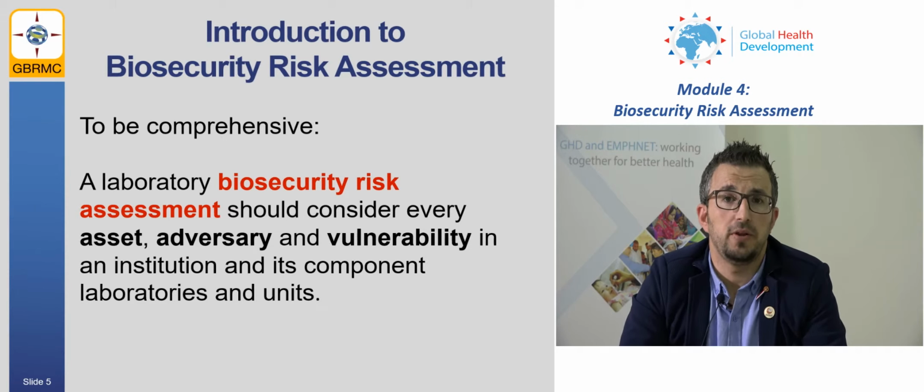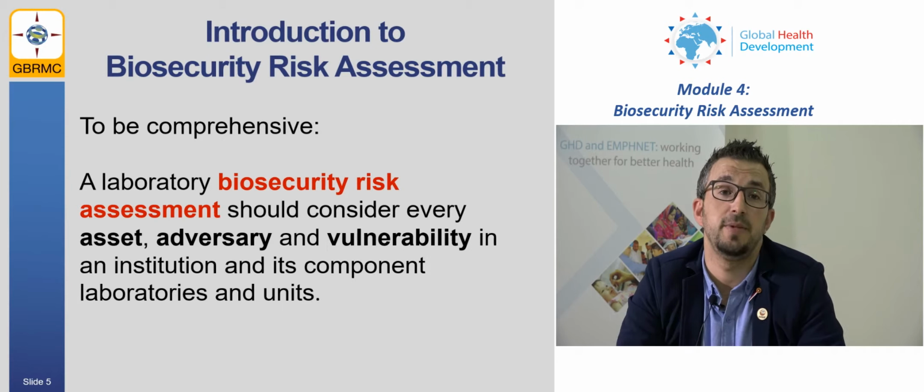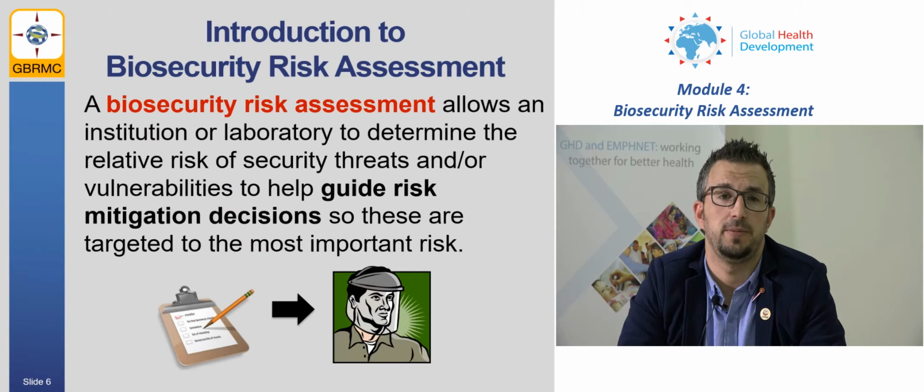When we talk about the laboratory biosecurity assessment, we talk about characterization in three major components. First, the assets, what we have inside our institution, which is determined by material control and accountability, and what type of agent and toxin we have inside our laboratory.